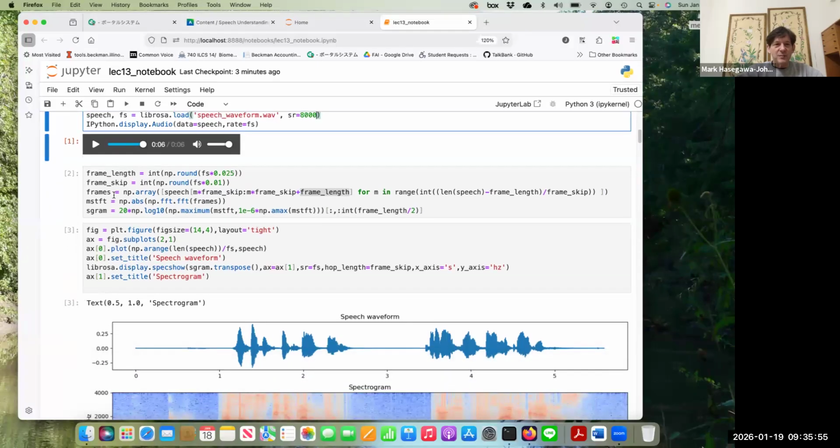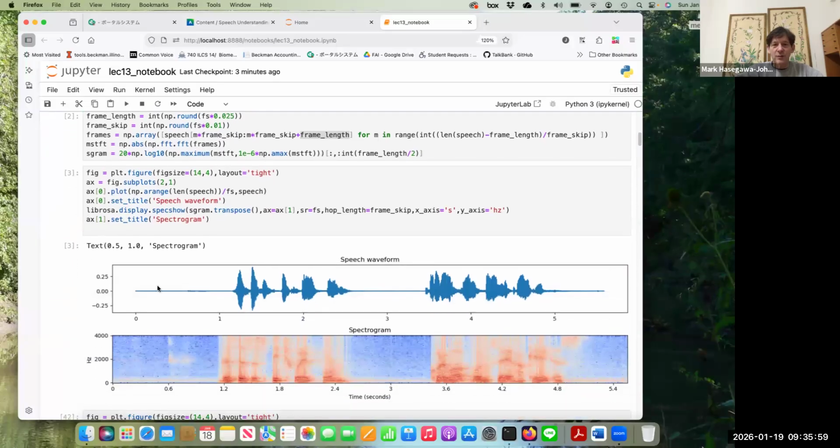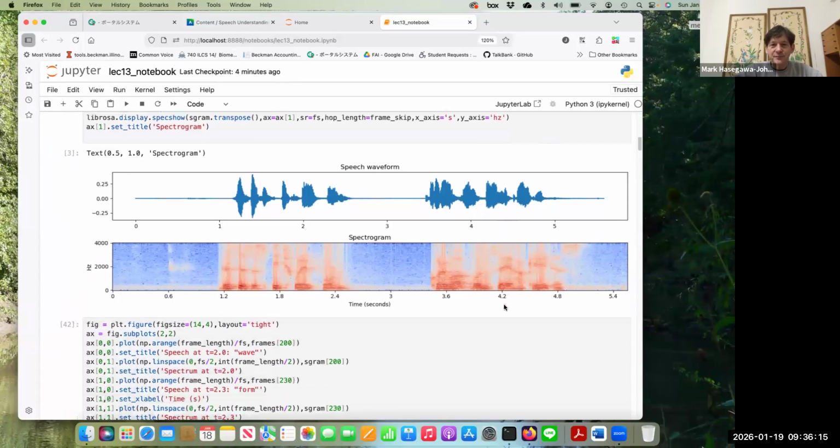So the frames matrix should have 200 columns, and the number of rows will be whatever number of rows are necessary to take up 5.5 total seconds at about 10 milliseconds per frame. The frame skip is 10 milliseconds. So it should be about 55 rows and about 200 columns.